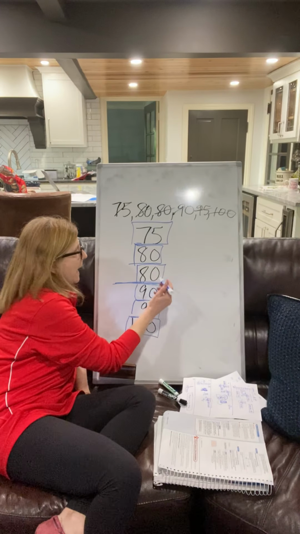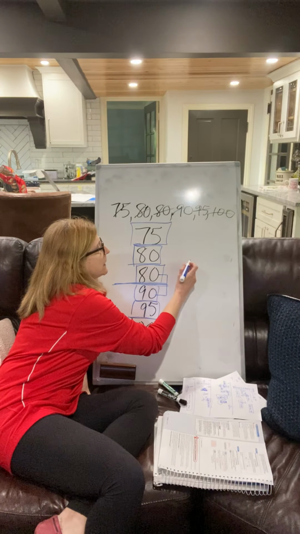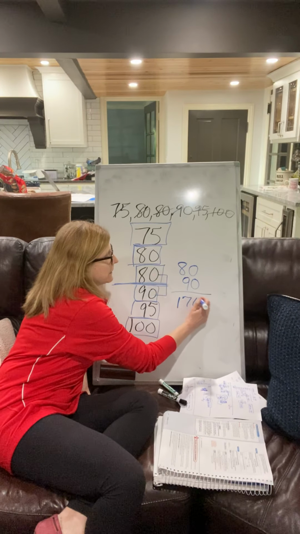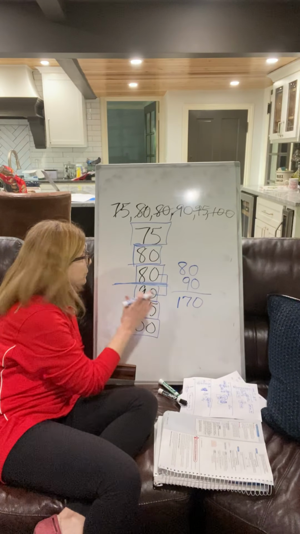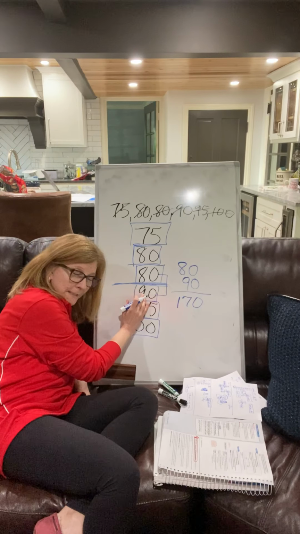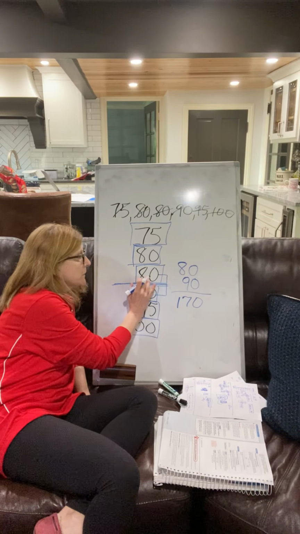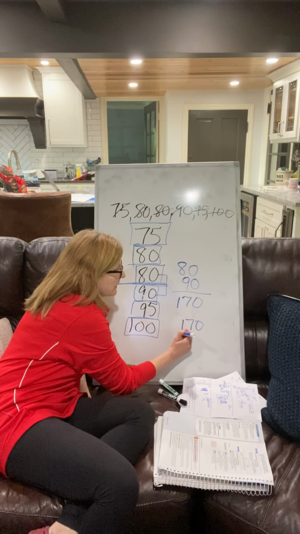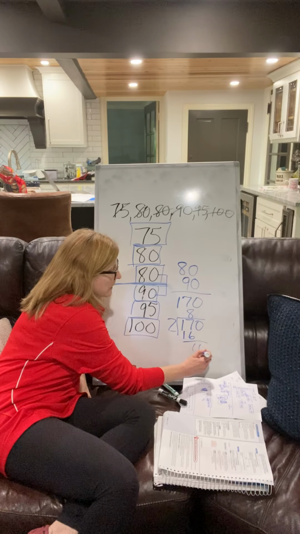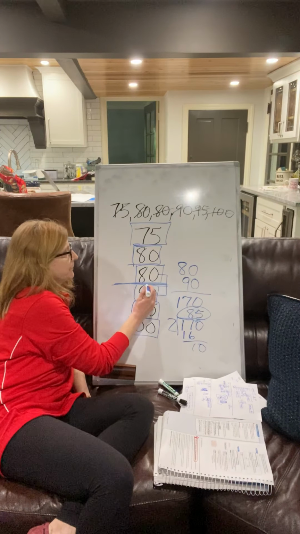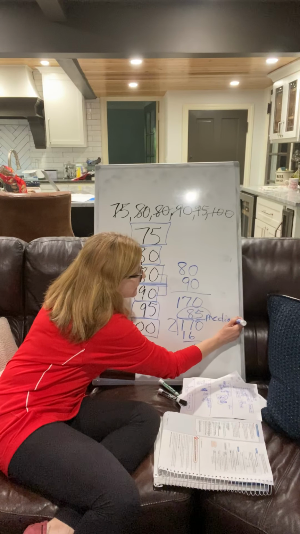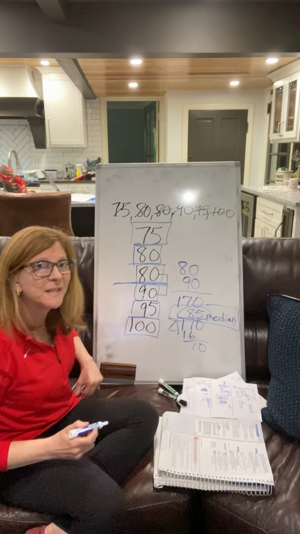So what do we do? We add these two numbers together. 80 plus 90 is 170. And then, because what we're doing is averaging these numbers, we get a total, then divide by however many numbers you have. 1, 2. So 170 divided by 2 is 85. So 85 is our median number, the number in the middle.